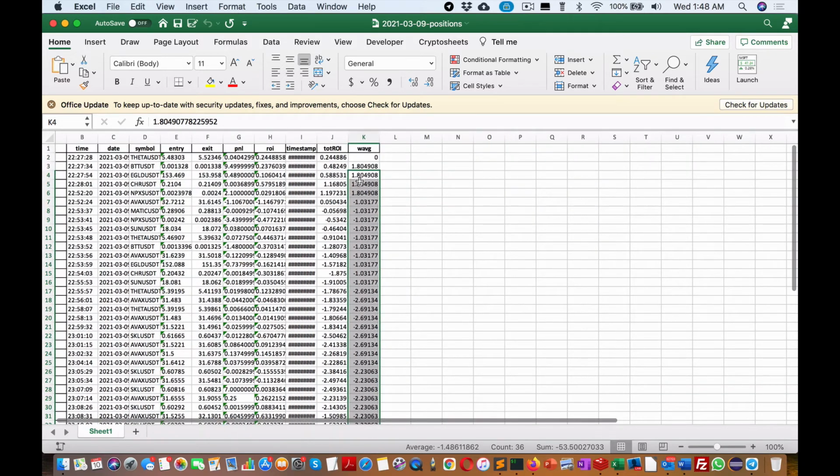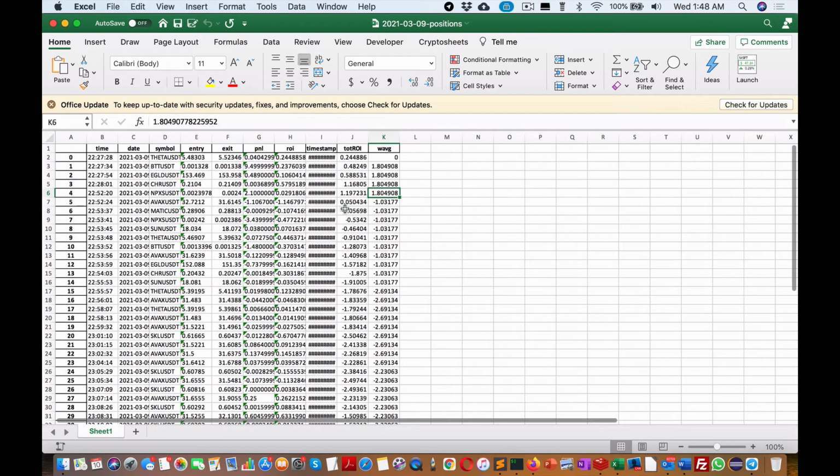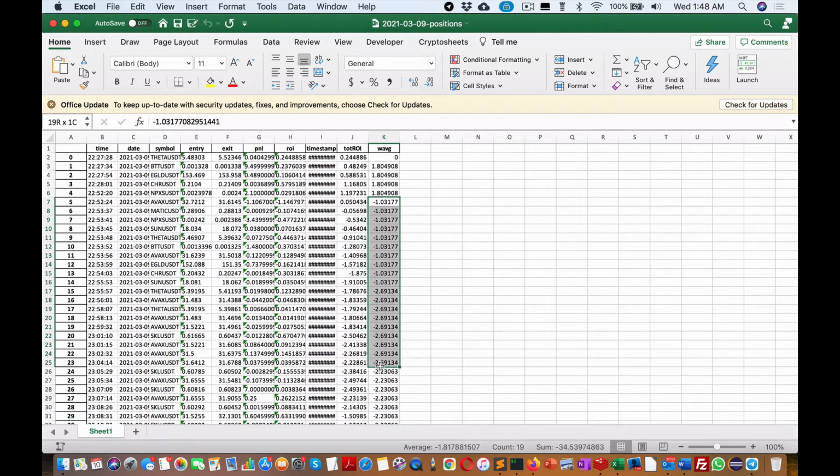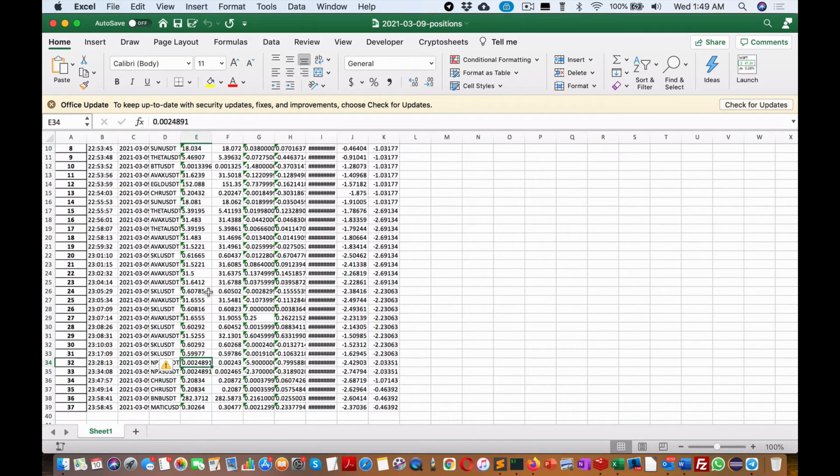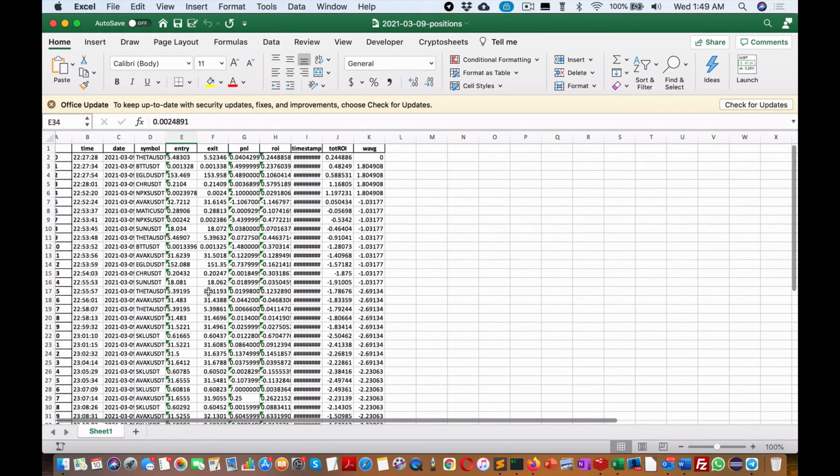But you can clearly see it's so volatile. Between 22.52 and a minute later it's up, and then all of a sudden it drops about 2%, and the losses got worse and worse and worse, and the P&L obviously is not going to be that good.